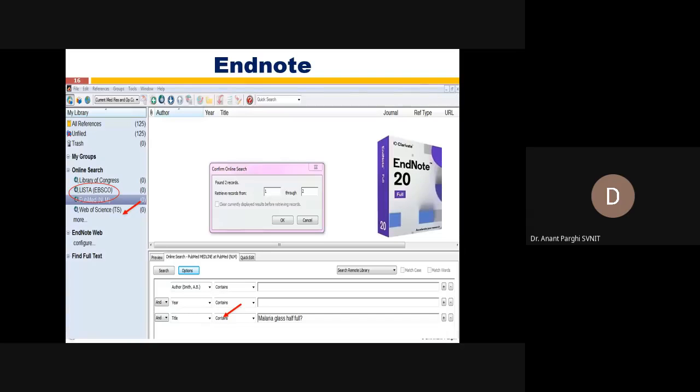There are different software available, for example EndNote. Tomorrow we are going to discuss how we can do the references using this particular software, the EndNote software.